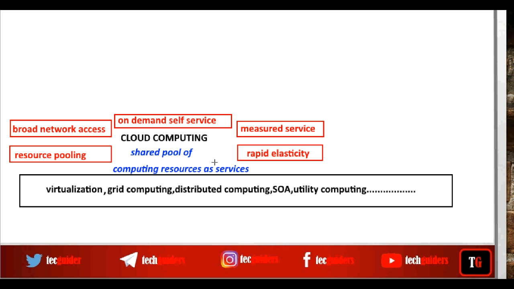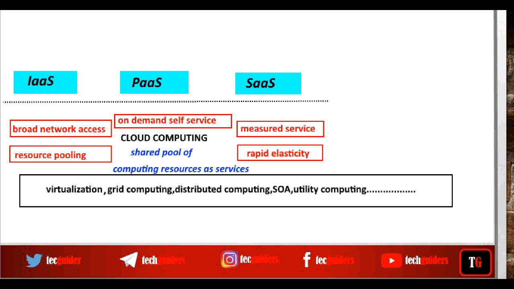Until now, we focused on providing VMs, or virtual machines, as services. But services can be in different forms and they can be broadly categorized into three service models. They are infrastructure as a service, platform as a service, and software as a service.